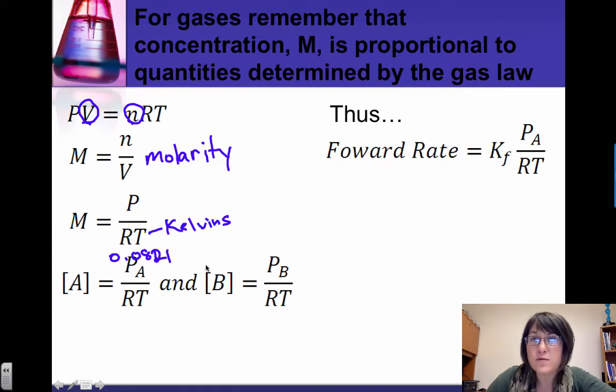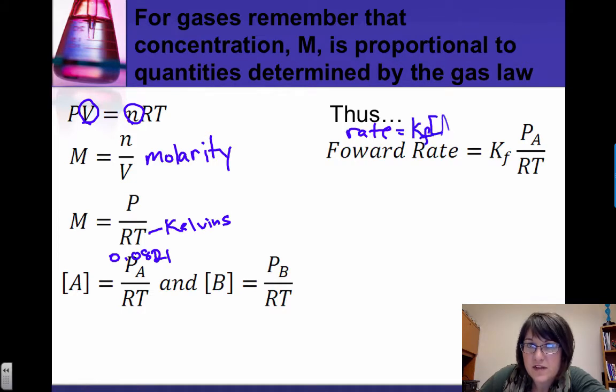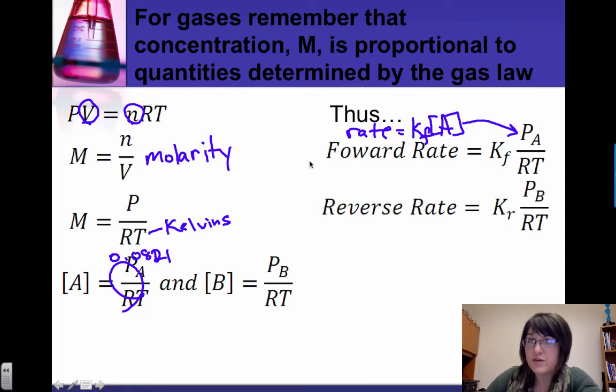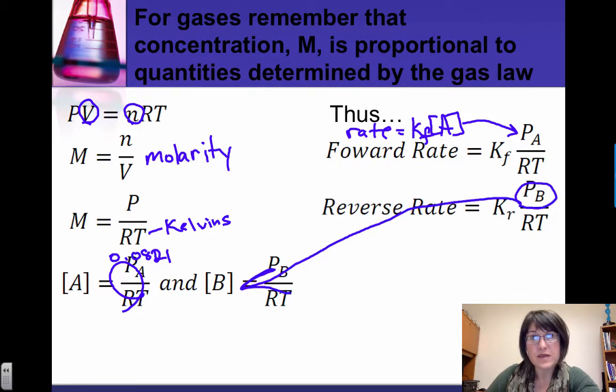So the forward rate, I've just taken my rate law and substituted in the place of the concentration of A what we said it's equal to, the partial pressure of A divided by R times T. The same would be true for the reverse rate, only this time we need the partial pressure of B to get that molar concentration of substance B.